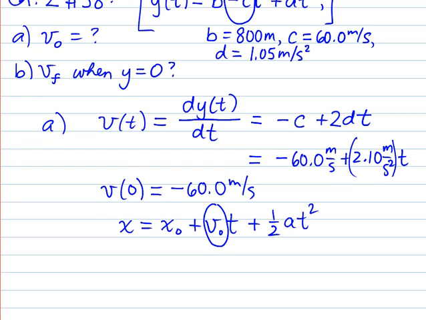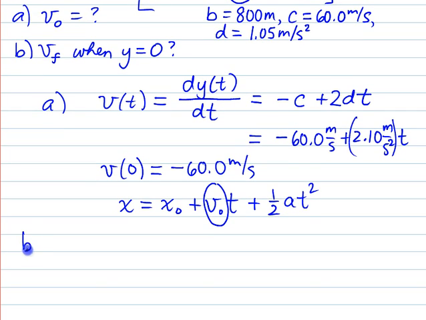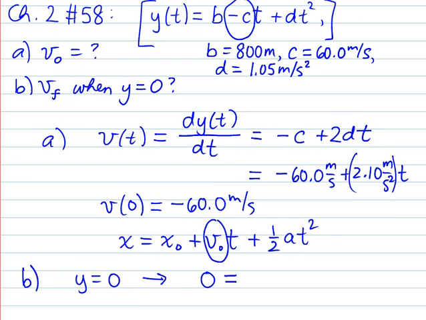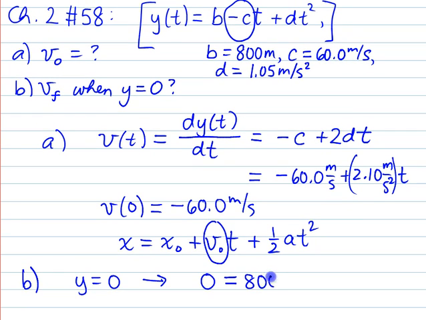Alright, now for part B, we need to find the velocity when the height is equal to 0. So the first thing we're going to have to do is plug in 0 for the height, and that's going to lead us to an equation that looks kind of like this. 0 is equal to, let's not forget, b is 800, and then minus 60t, and then plus 1.05 t squared.